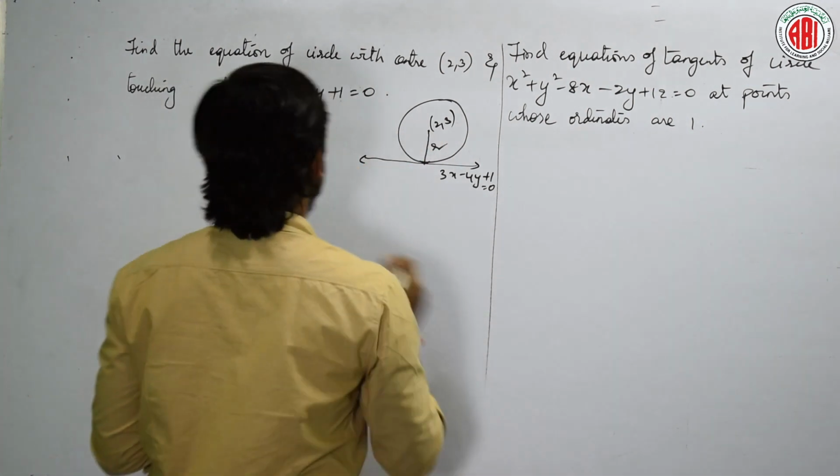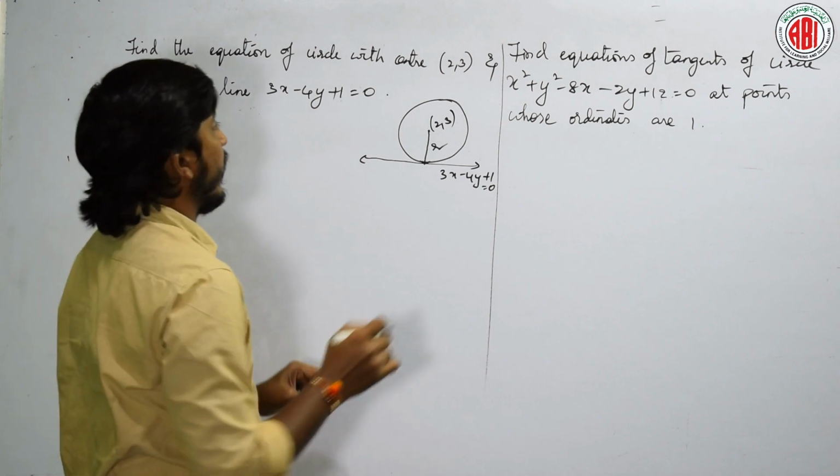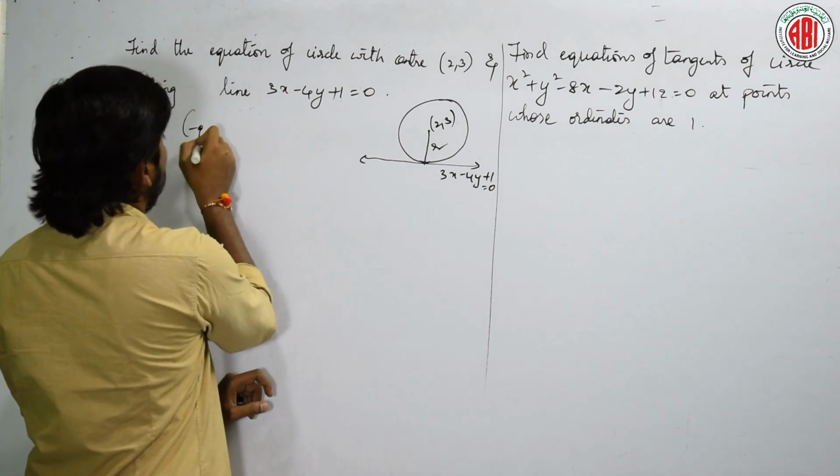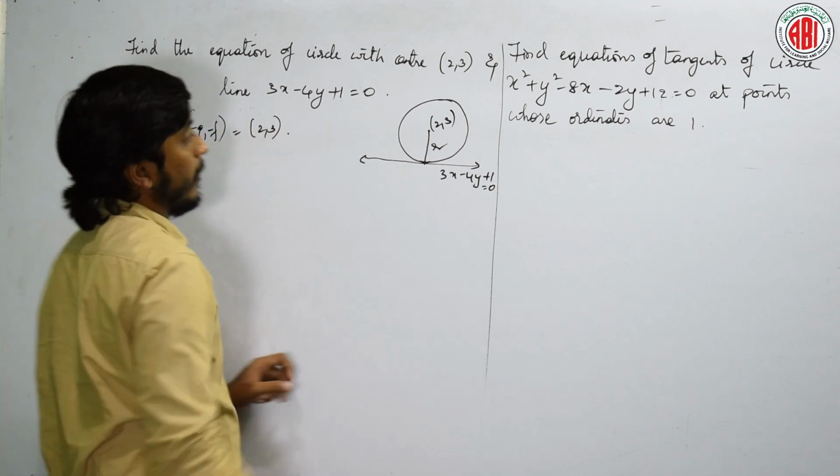So let us write the center (-g, -f) is (2, 3).